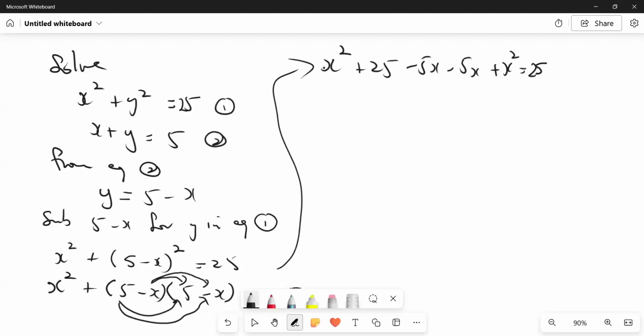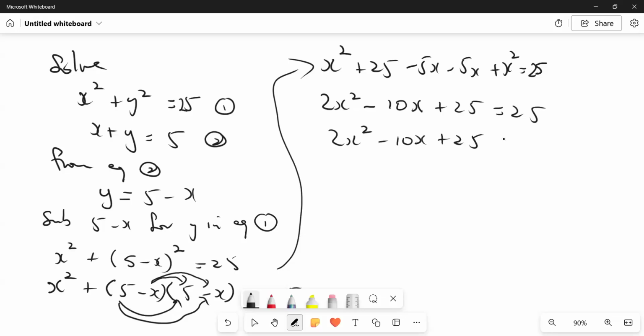So this x squared and this x squared make 2x squared, minus 10x, plus 25 equal to 25. So then you have 2x squared minus 10x plus 25 minus 25 equals 0. This is nice. You end up with 2x squared minus 10x equals 0, which is easy.